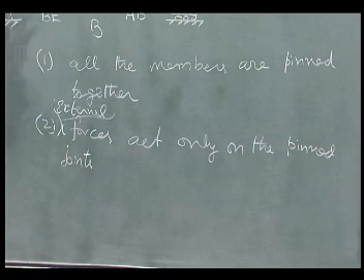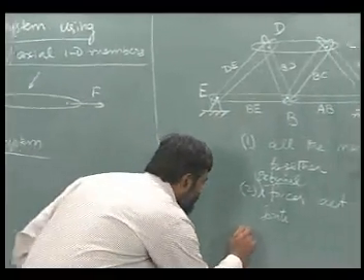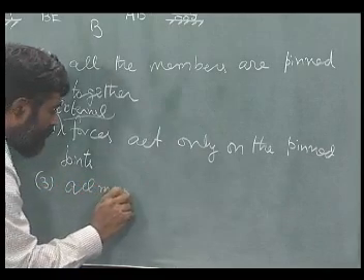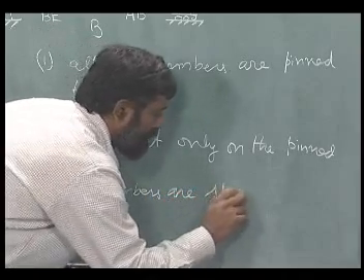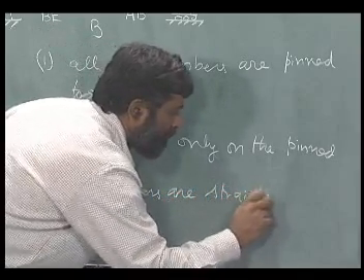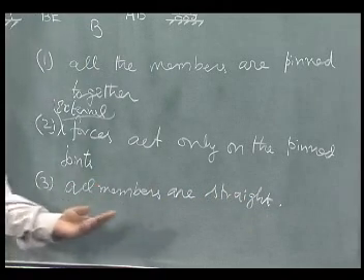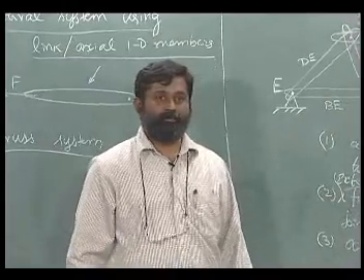We can also impose one more condition, but that is not a necessary condition, that all members are straight. We will examine what happens if it is not straight at a later stage. I will give that as an exercise for you.